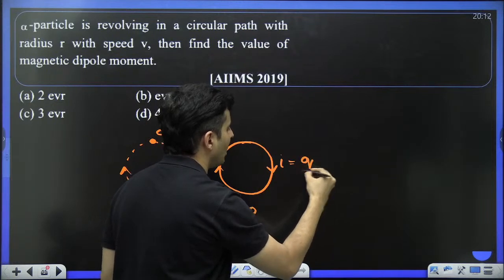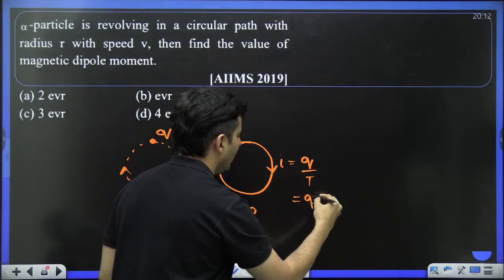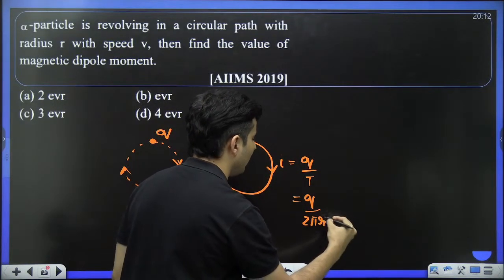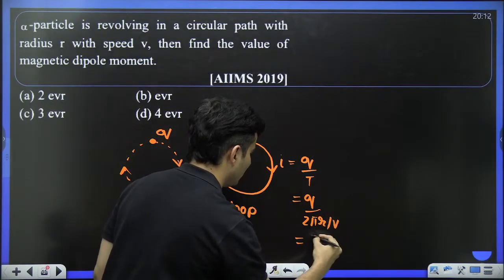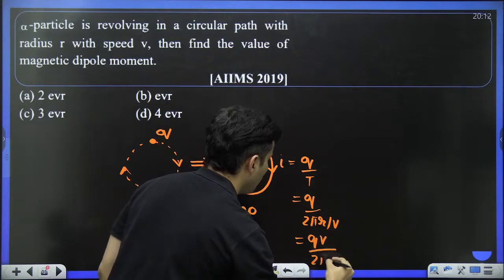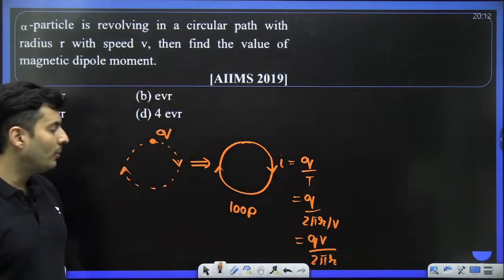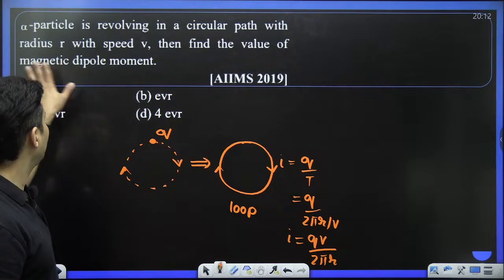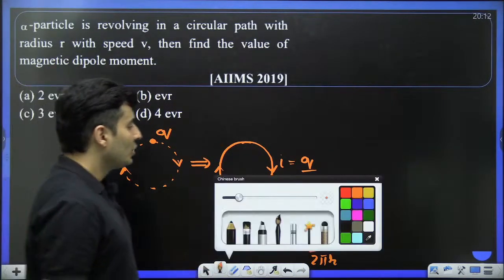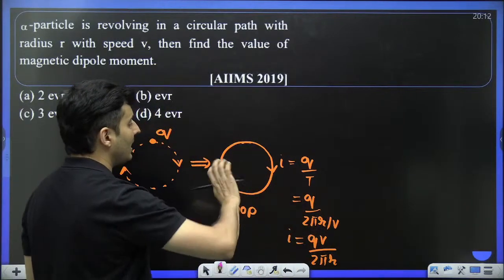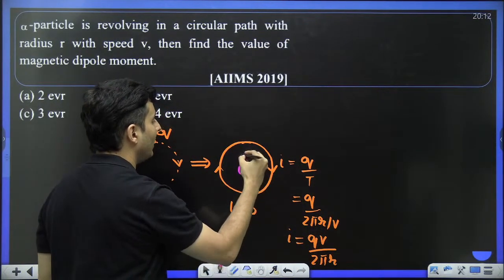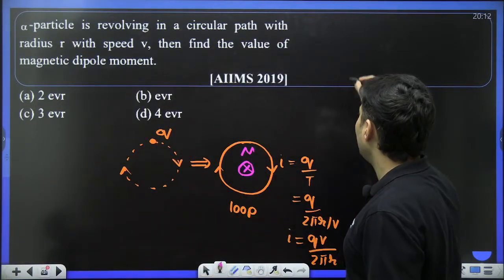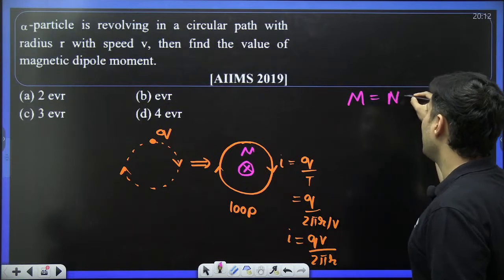And that current is nothing but the charge upon the time. Charge is q, time is nothing but the distance, which is 2 pi r, divided by v. So it is basically qv by 2 pi r. That is the value of the current of that loop. But the question is not the current, the question is magnetic moment. So we all know any current carrying loop will produce a magnetic moment m, which is perpendicular to the plane, and that magnetic moment is nothing but NIA.